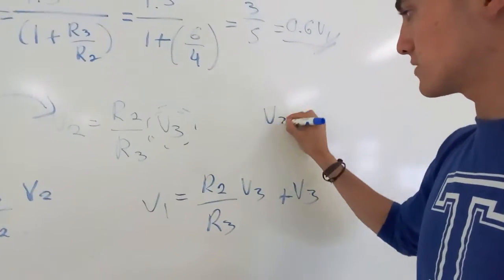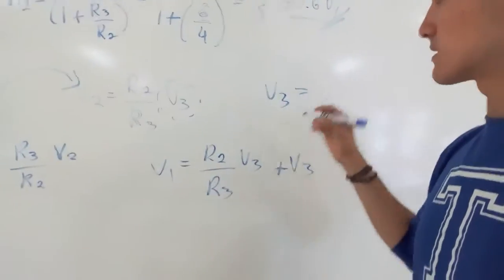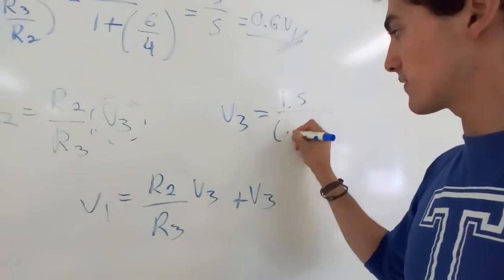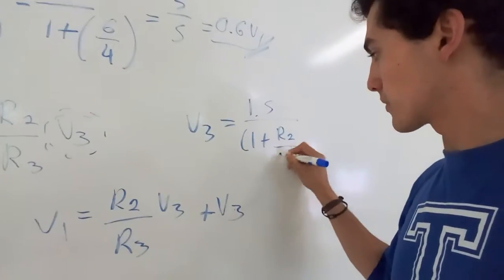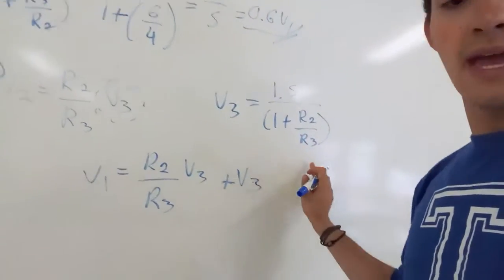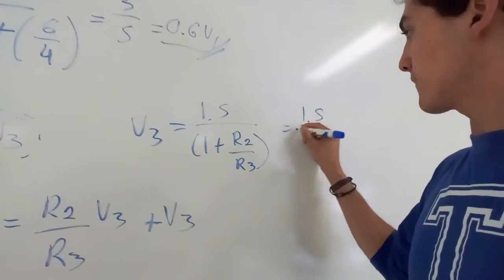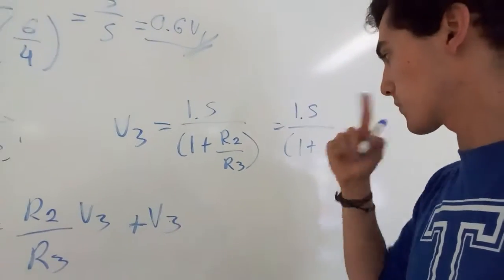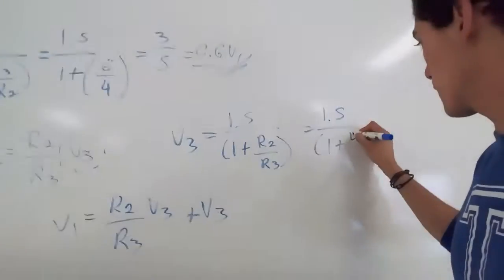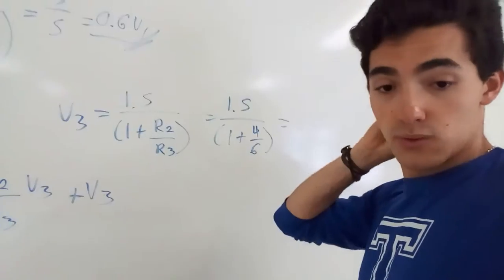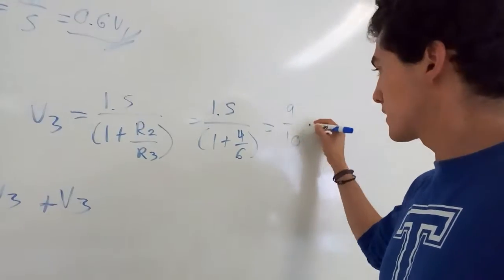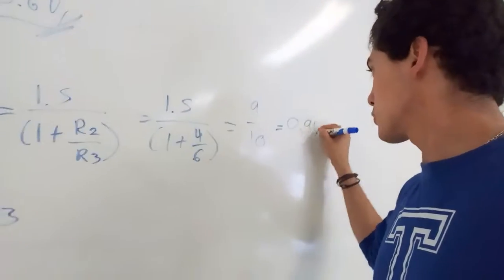And we can determine the voltage 3 by now, and say that the voltage 3 is equal to our voltage 1 over the factorized part, that is 1 plus our R2 over our R3, that is this part in here, factorized, and this is equal to 1.5 over 1 plus, our R2, we said that it was 4 over 6, and this is equal to 9 over 10, that is equal to 0.9 volts.